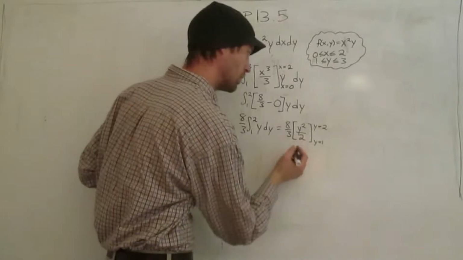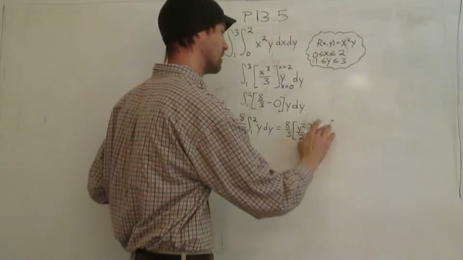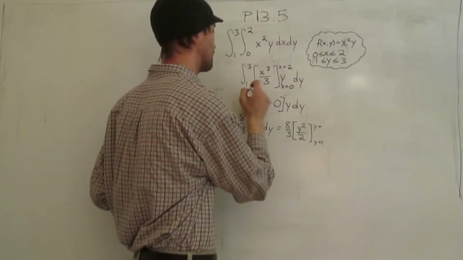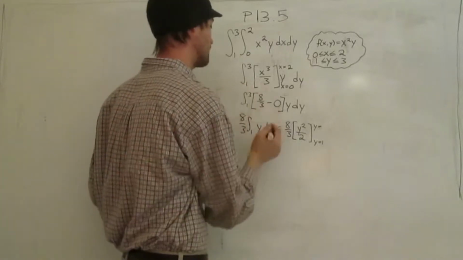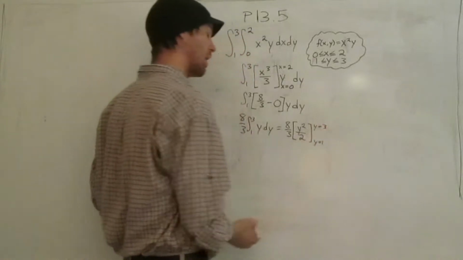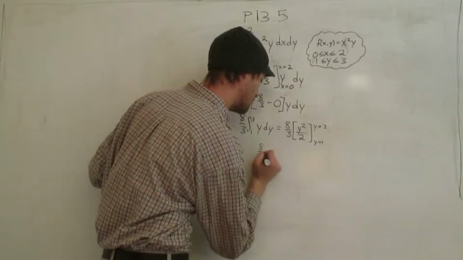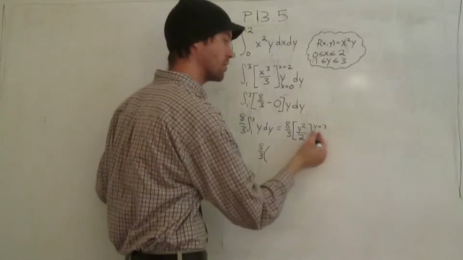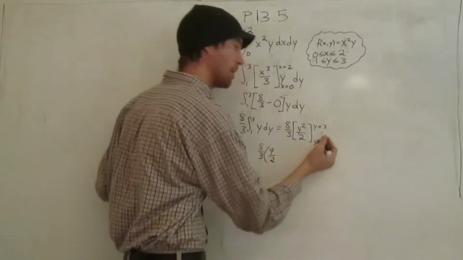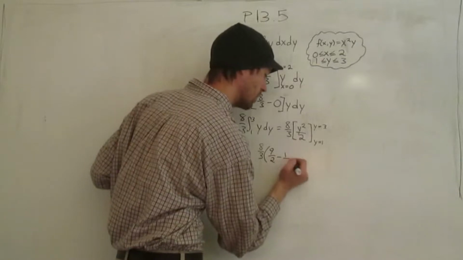See, I wrote it down wrong. I'm sorry. This should be 1 to 3, so we have y equals 1 to y equals 3. Now we can evaluate this. We have 8 thirds times, evaluating, 3 squared is 9, so 9 halves, minus, plugging 1 in, 1 half. 1 squared is still 1.